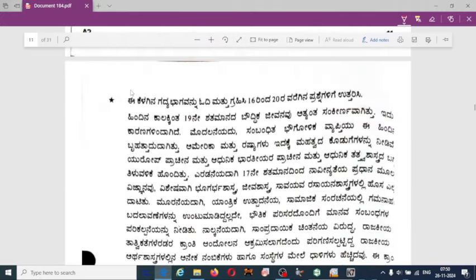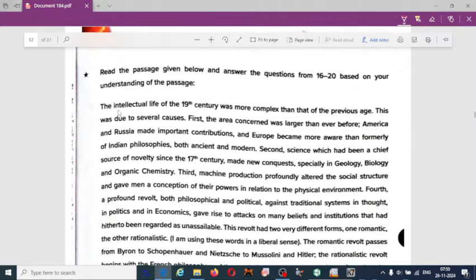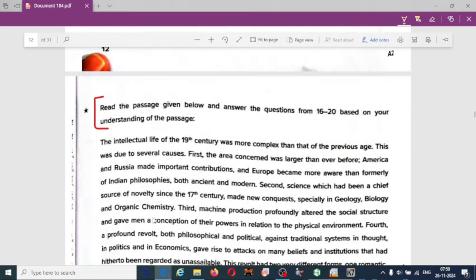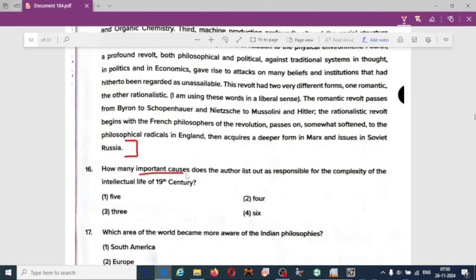Here is the passage they have given. I am not going to read the passage. I am directly giving you the answers here. How many important causes does the author list out as responsible for the complexity of the intellectual life of the 19th century?